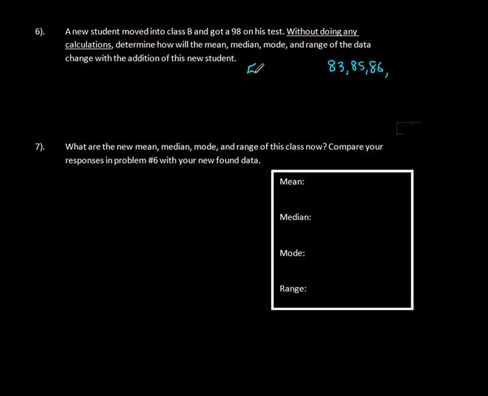So it was 50, 71, 80, 83, 85, 86, 98, and now what we're doing is adding a new number in there. That 98 is a new guy. So they want to know how the mean, median, mode, all that are going to be affected. Well, our old mean was a 79. So for the mean, if we add a number that's bigger than our old mean, my mean's going to go up.